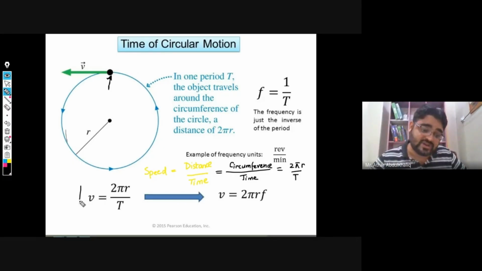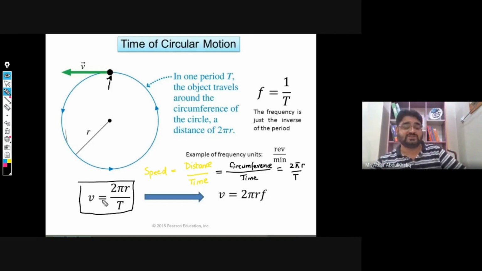So whenever someone asks you to find the speed of the object and time period and radius are given, you will use this. And when they ask for acceleration, you will use a is equal to speed squared over r, and speed can be found from here. And if they give you frequency, for the same purpose you will use the same formula.